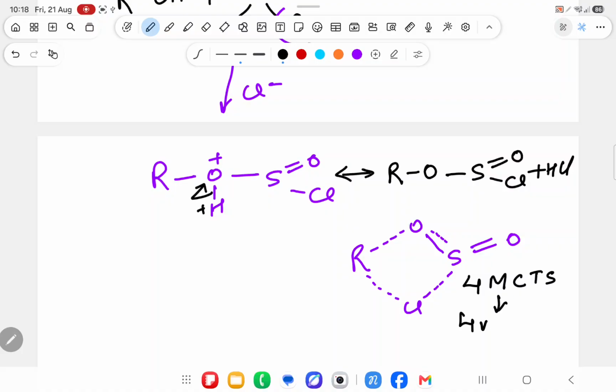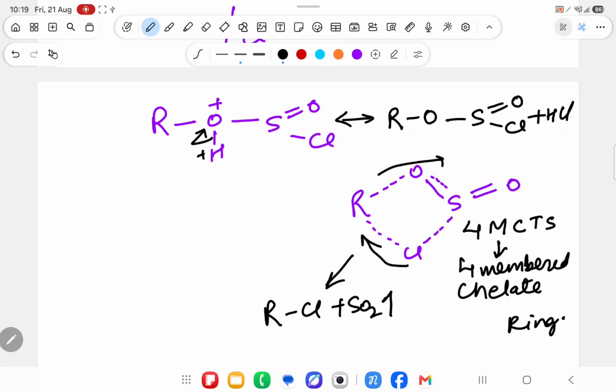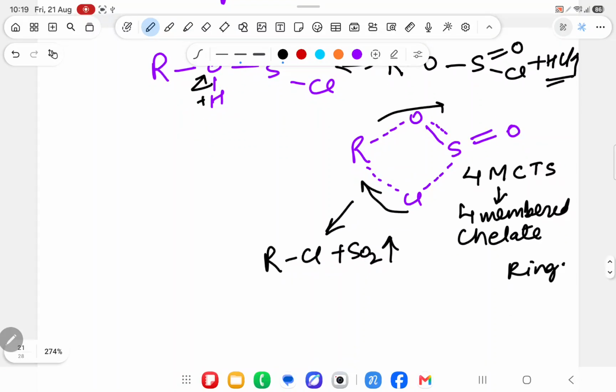This is called a 4-membered chelate ring. After that RCl will come. This Cl will go here and this total will go outside. So what is going outside? SO2. SCl has already gone outside as a gaseous product. SO2 is going from here.